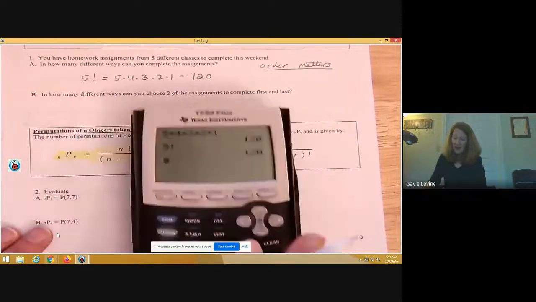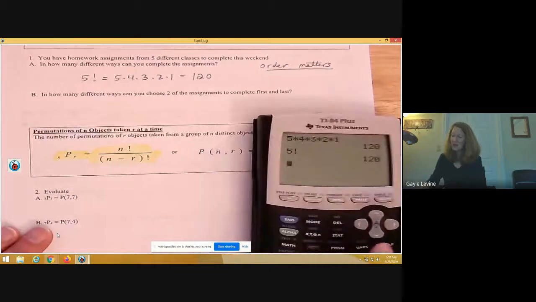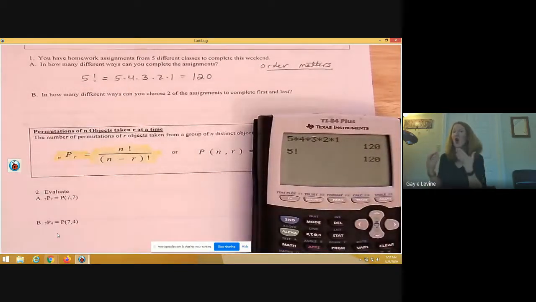Okay, and now the next question is a little bit different, because in 1A, I'm picking all 5 of the classes. In letter B, I only want to choose 2 assignments. So that's like if I am a mean mom and I limit how many stuffies my child can sleep with.